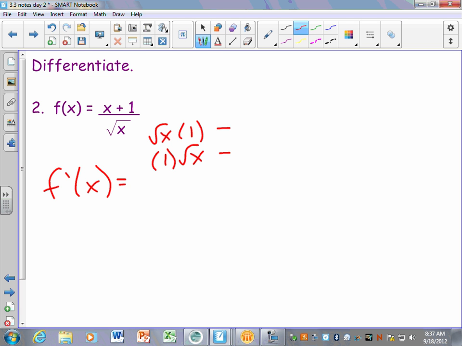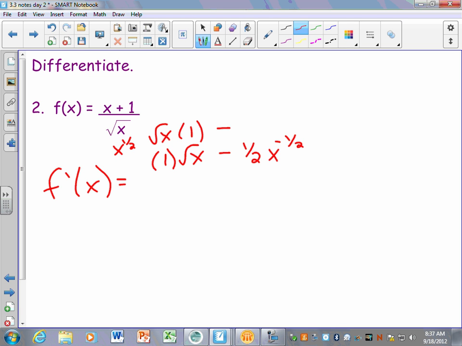Minus the derivative of the denominator, or low, times the numerator. This is the same as x to the 1/2 power, right? So it's bring down the 1/2, x, subtract 1 from 1/2, and you're going to get negative 1/2, right?